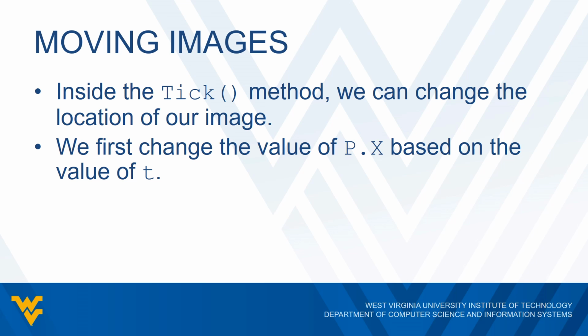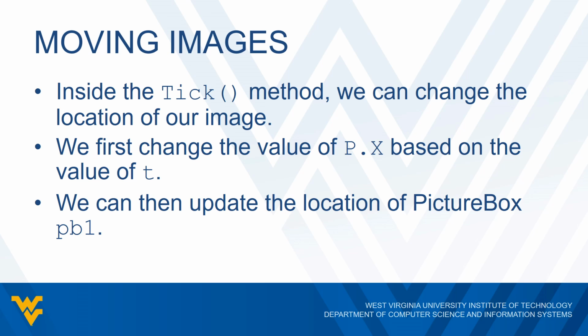That means every second it'll move to 10, and then 20, then 30, and so forth. We'll change the value of p.x based on whatever t is, and then we can update the location of our picture box by using this value of p.x. So we can just assign the location property of pb1 to be the value of our point object.